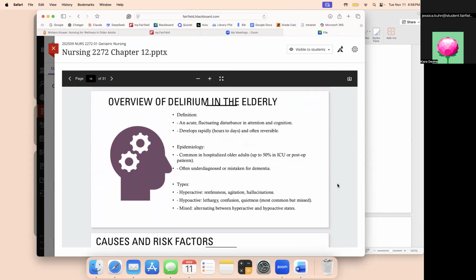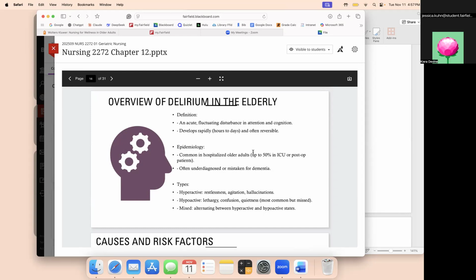Delirium is different from dementia in that delirium is an acute fluctuation. It's a disturbance in attention and cognition. It usually is pretty rapid and it's often reversible. Delirium is what you'll see in things like UTIs, older adults who are admitted to the hospital for a longer amount of time, and psychiatric emergencies.